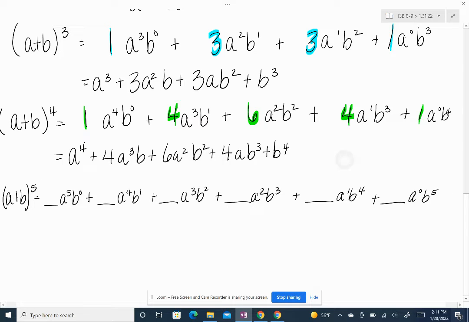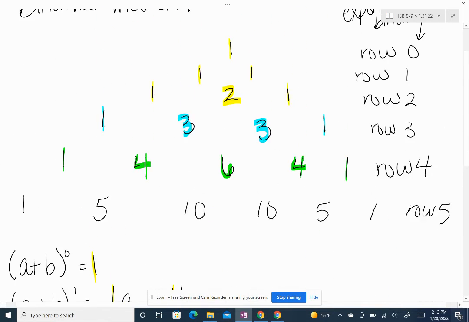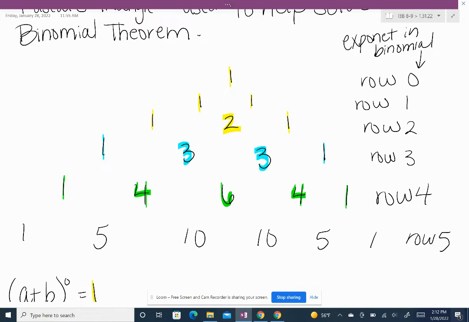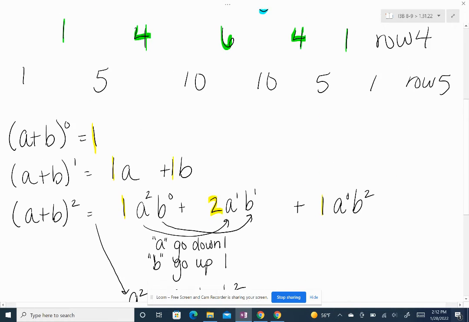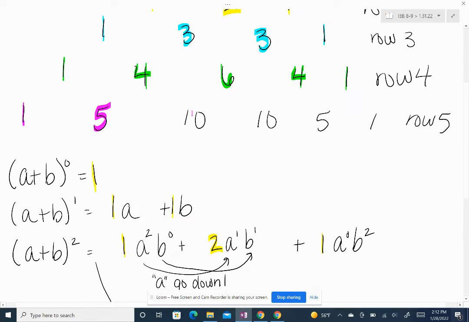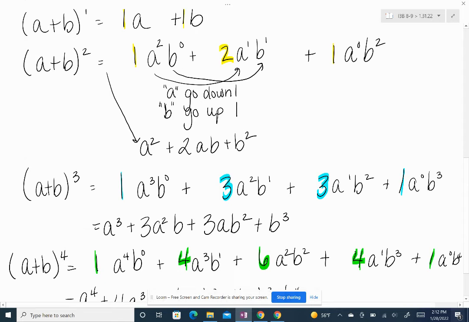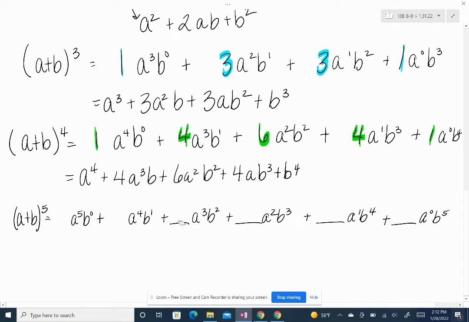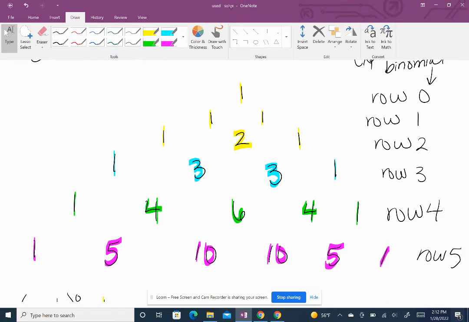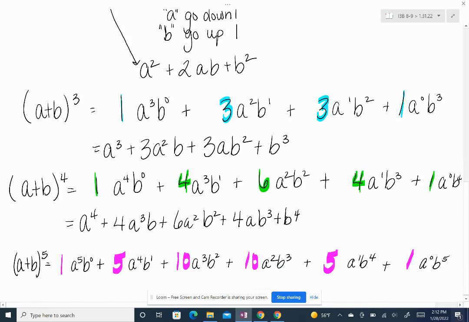Great. So now I can add my coefficients. 1, 5, 10, 10, 5, 1. Okay, and actually I'm going to use a different color, so it stands out a little more.